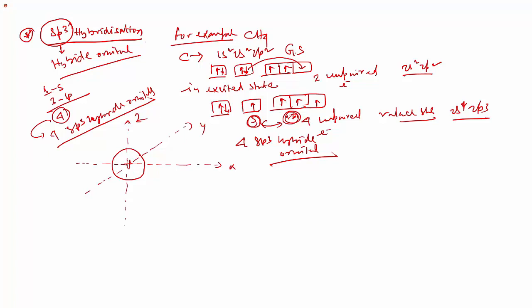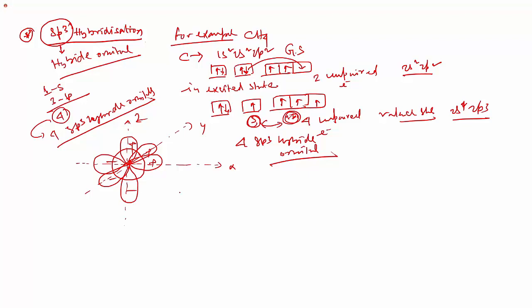When these 3 p orbitals hybridize with the s orbital, because these 3 orbitals have unpaired electrons, no p orbital is vacant. So that's why these 3 p orbitals participate in this hybridization. This is the px orbital, this is the py orbital, and this is the pz orbital.